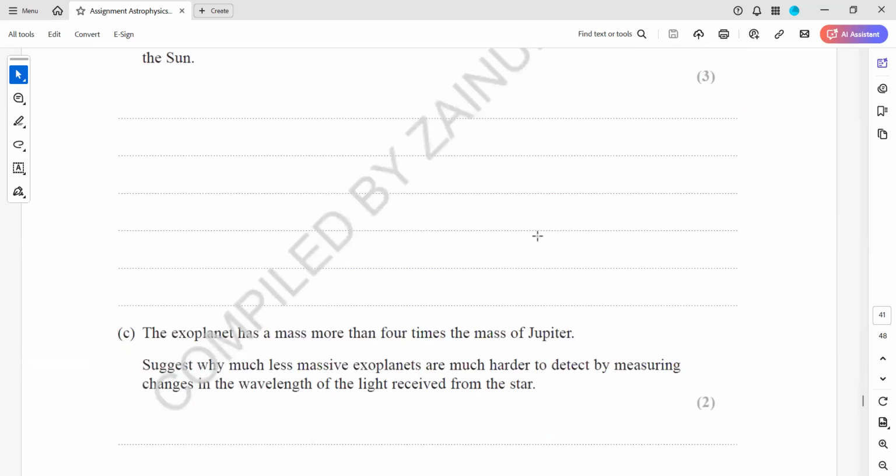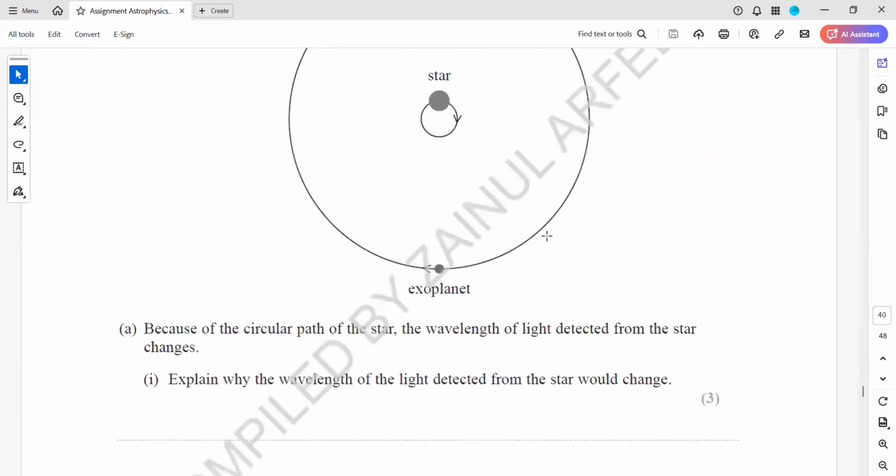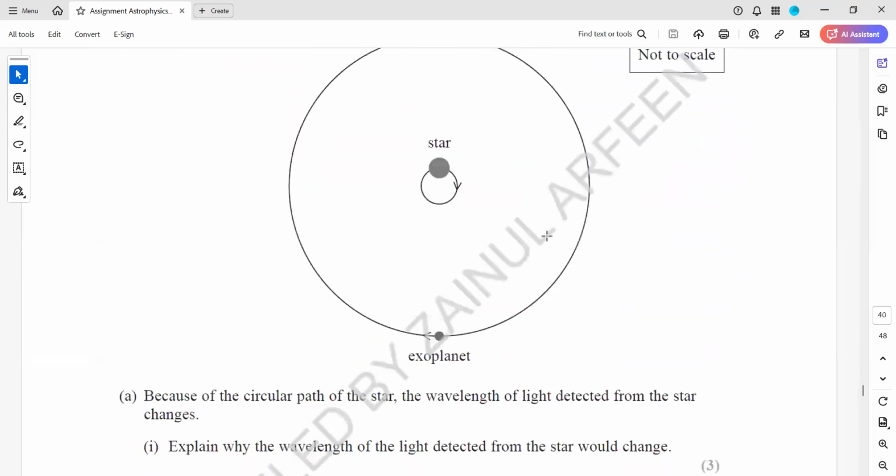No, the gravity of the planet is affecting the star. Say this is our sun, and there is a massive planet in our solar system. Both are attracting each other, but there is a stronger gravitational force with a massive planet.